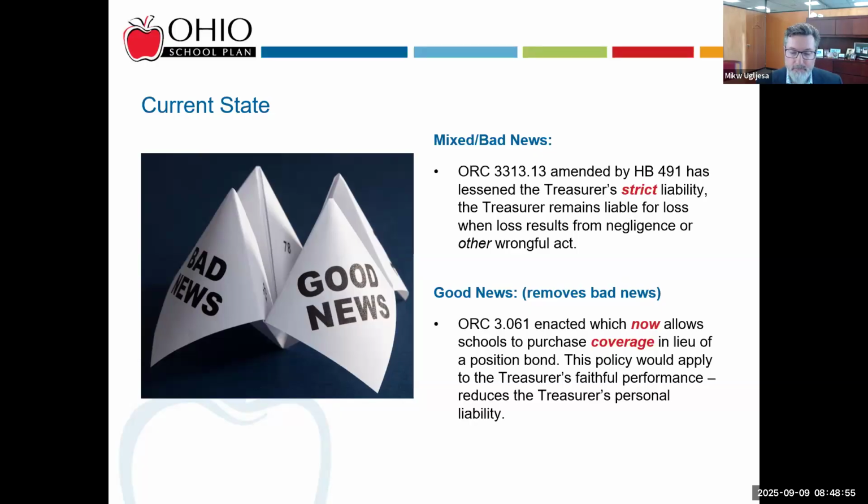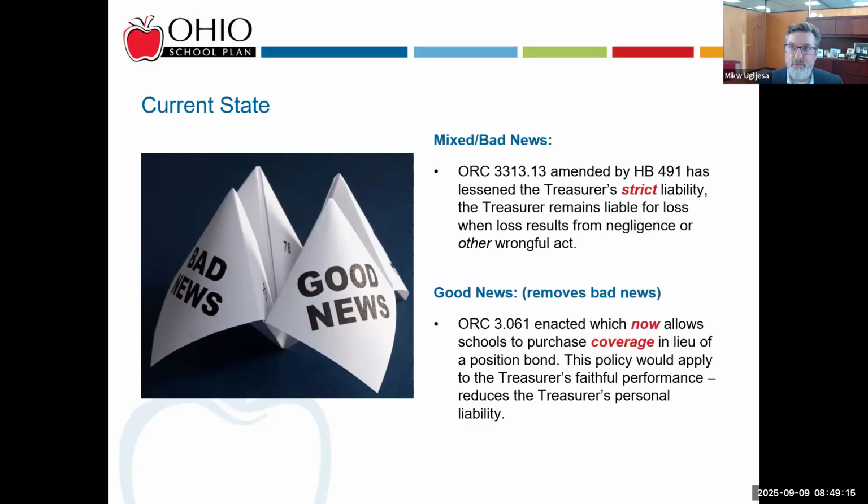There was further clarification back in 2021 that then allowed for this change from a public official bond or a position bond to an insurance product during the district leader's contract term.